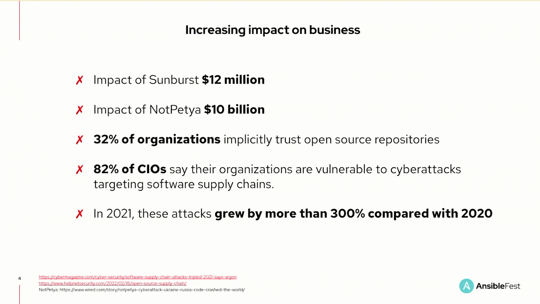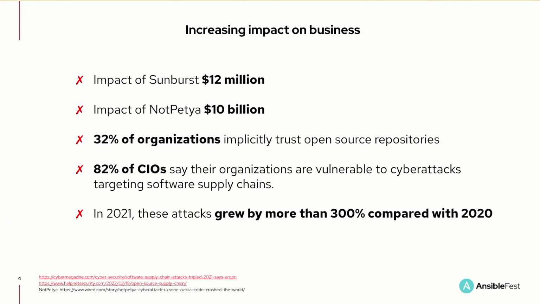The national bank went offline. Energy companies went offline. Right? It was significant. So more than even just the financial impact of something like a NotPetya attack, any impact to your software supply chain can pretty much bring down critical infrastructure that citizens need.